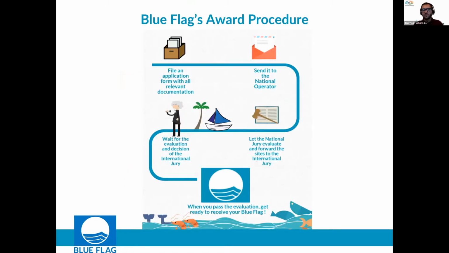Through different procedures, and this one, the award procedure, all local sites must go through an application process every single year with a national review and international award. We ensure that all the criteria are met during the season.